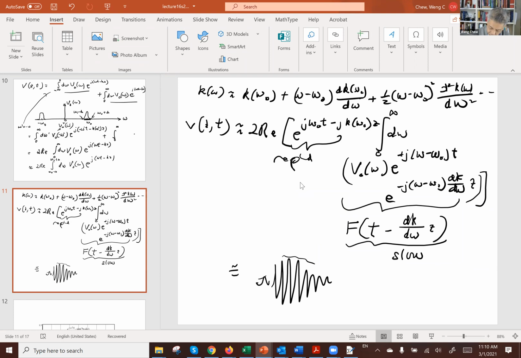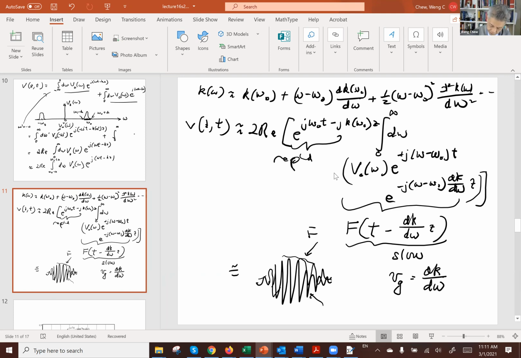Okay, so f is the envelope function. The envelope would travel with the velocity called the group velocity, and that velocity is dk d omega inverted, that is, d omega dk. The rest of the thing, the inside carrier of this wave function, travels with this velocity, and that is called the phase velocity.